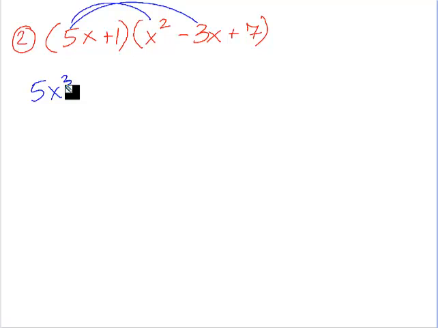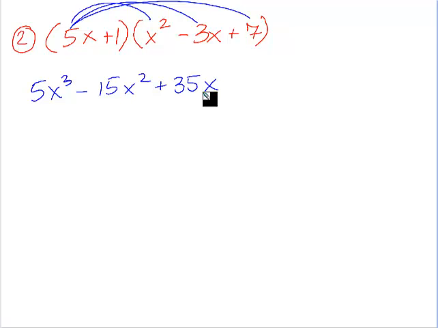5x times minus 3x. Minus 15x squared. 5x times 7. Plus 35x. You guys like writing it as one whole string, or do you like lining up the like terms? You like the one whole string? Okay.